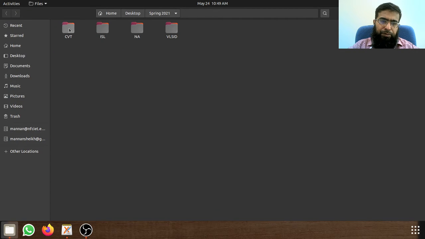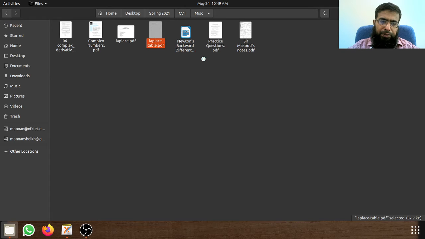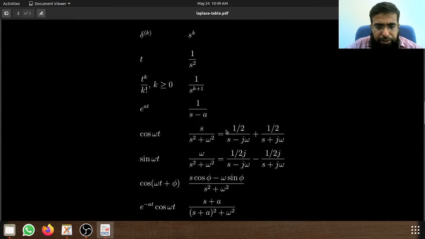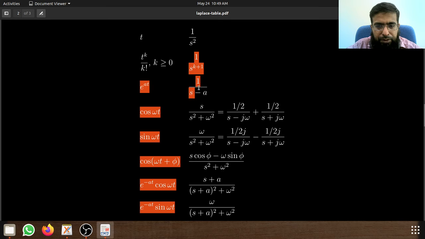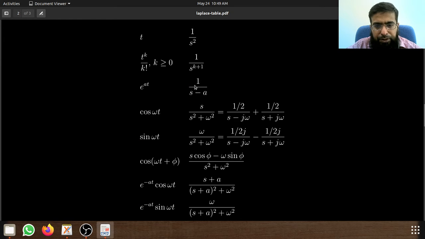We have the Laplace table here. The Laplace of e to the at is 1 over s minus a. If a is equal to 1, this is 1 over s minus 1, and if it is negative at, this is 1 over s plus a.